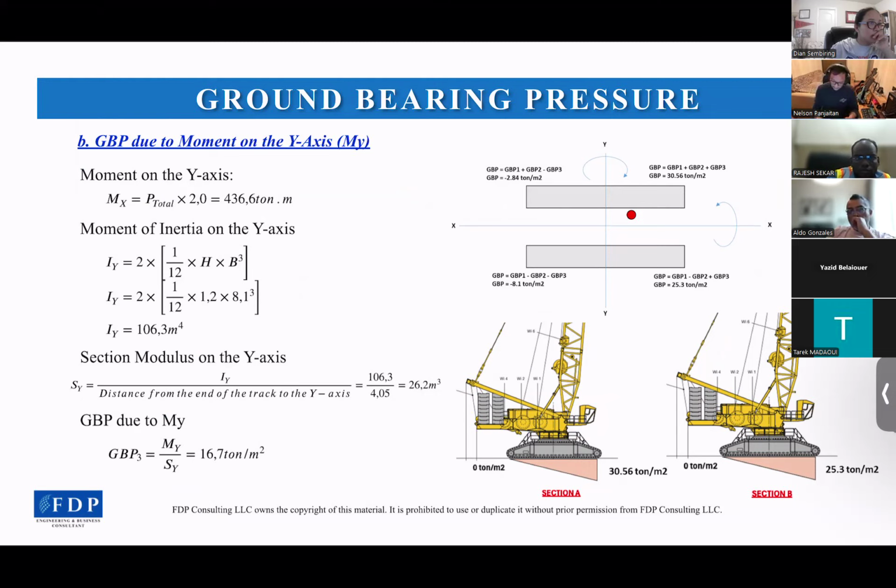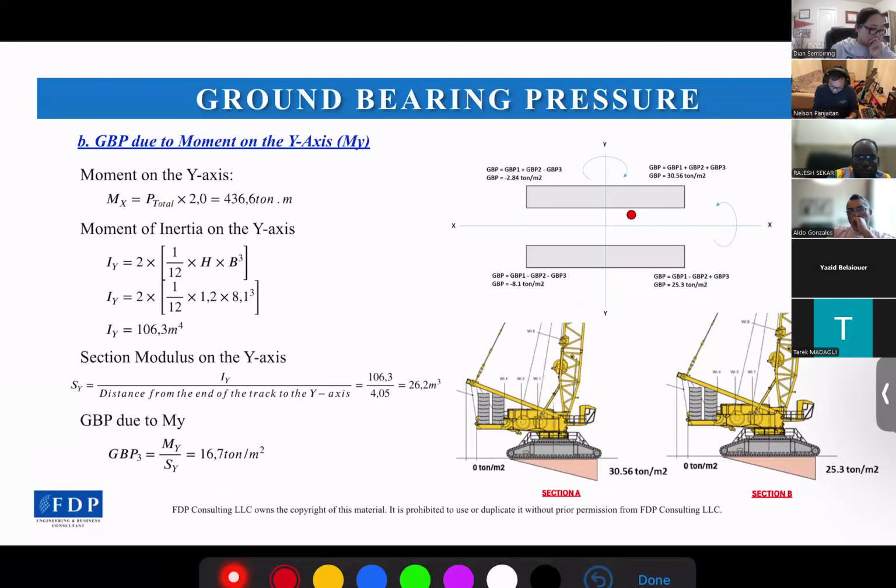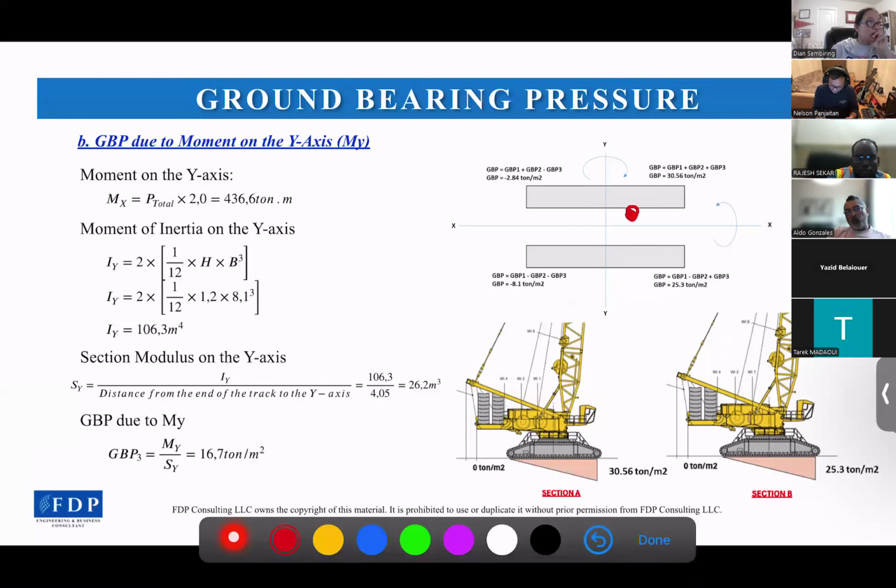For example, if we have the COG here, the rotation direction of this crane will be this way due to the moment of X, correct? For this case, if we have the COG right here, it will rotate the crane this way because of the moment of X.